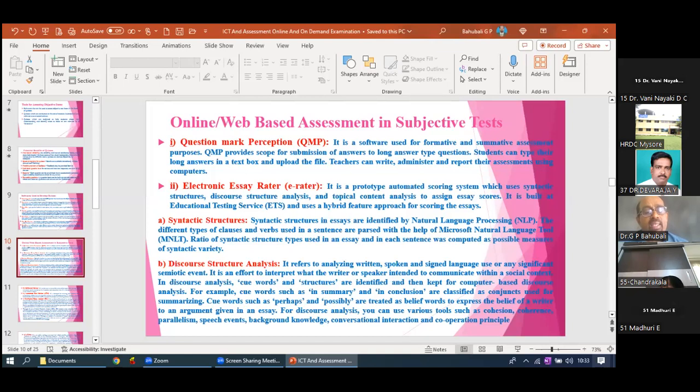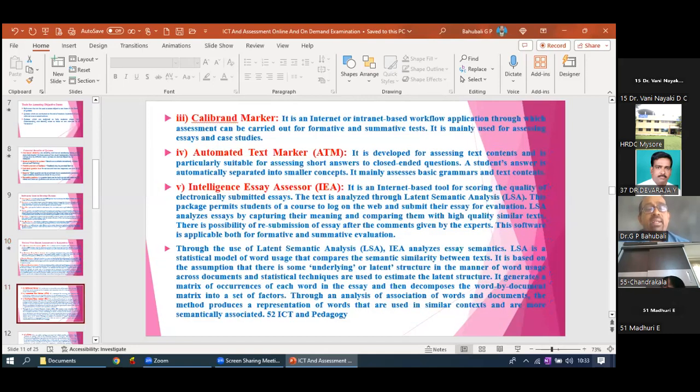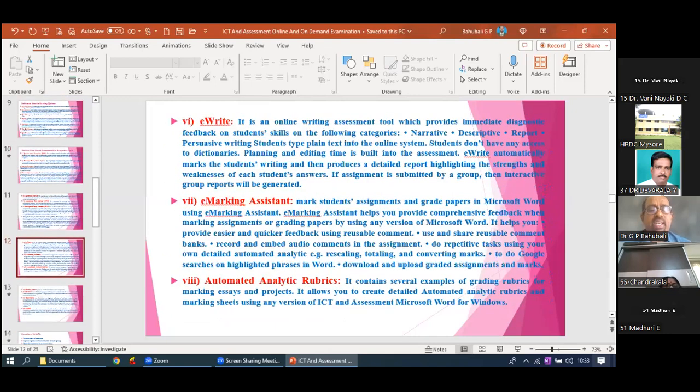Under that are the syntactic structure and discourse structure analysis. The third one is Calibrated Marker. Another one is called Automated Text Marker, and the Intelligent Essay Assessor, IEA. So these are some of the types we can use for a subjective test.